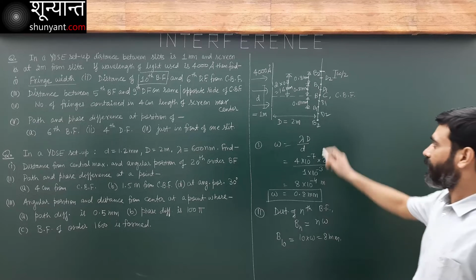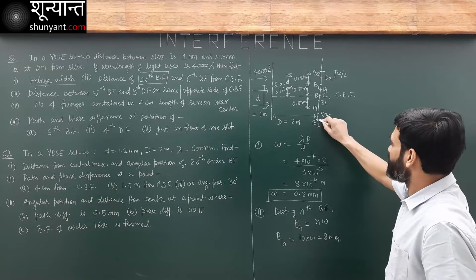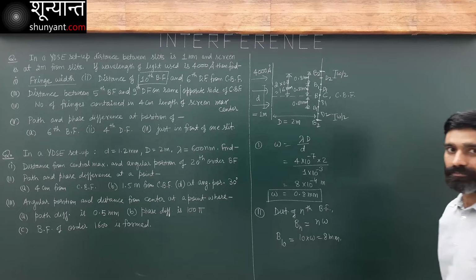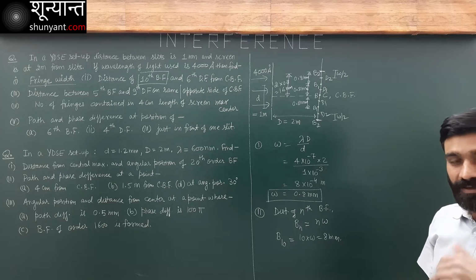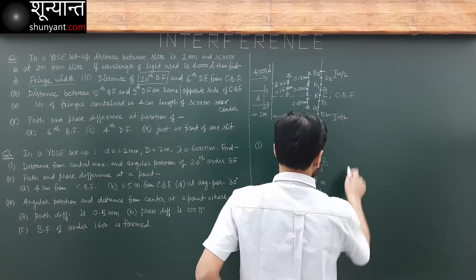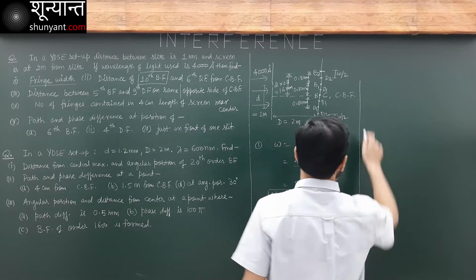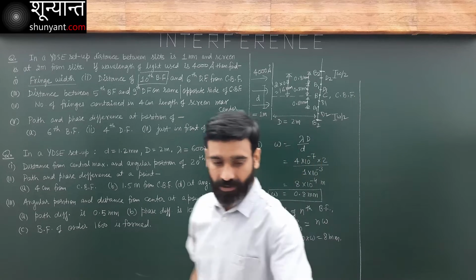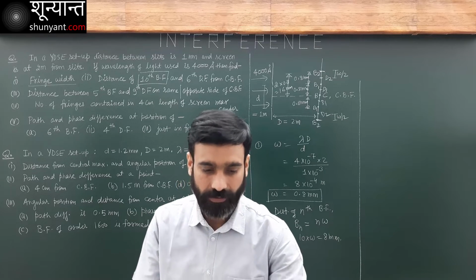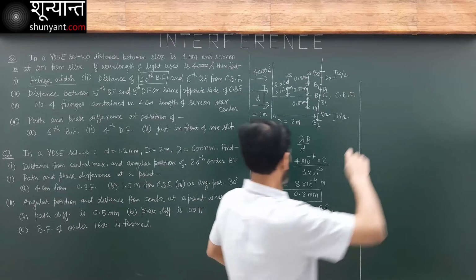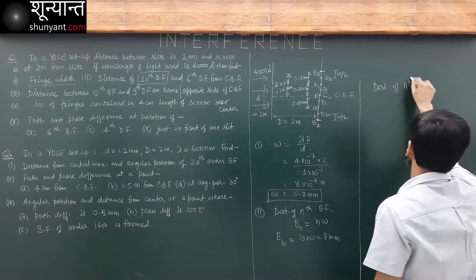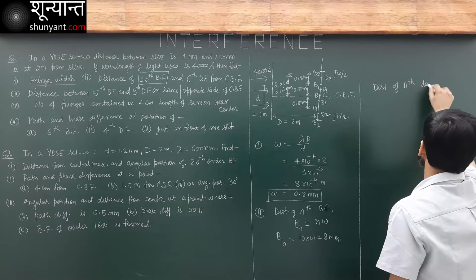From the position of the second bright fringe, if I just subtract half omega, I will get the position of the second dark fringe. I hope that you are able to see it clearly. Now, distance of nth dark fringe.